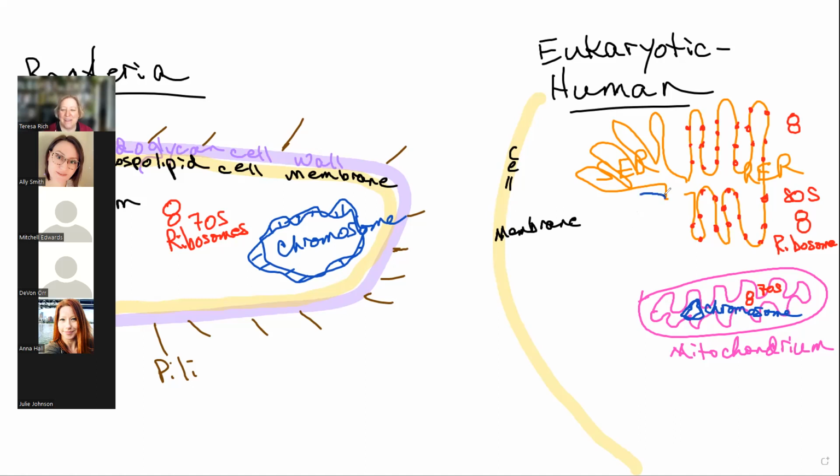Nuclear envelope. Very good. Yep, in the nucleus. We have the eukaryotic chromosomes, and they're linear. We'll do just 2 for the sake of time of drawing these puppies. All right, so let's get back to this mitochondrion.